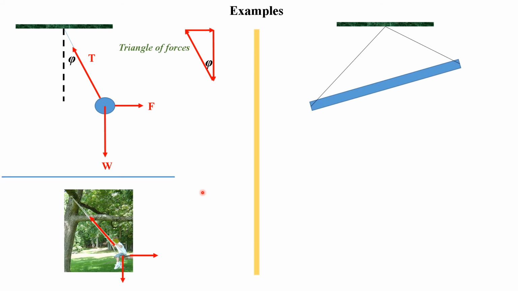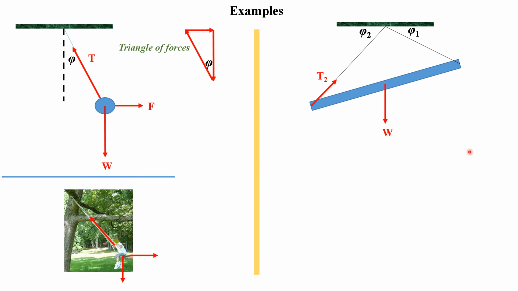Another example, imagine that you have a beam, and this beam is attached to two strings, string 1 and string 2, with different angles, and this is uniform. Obviously, these are two tensions coming from here, and this must pass through here. So all the three forces must meet at the same point.